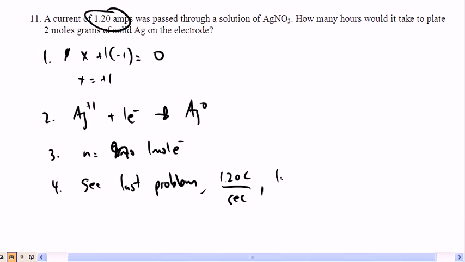I know that I have 1 mole of Ag per every 1 mole of electrons, and I know that 1 mole of Ag, where the heck is silver?